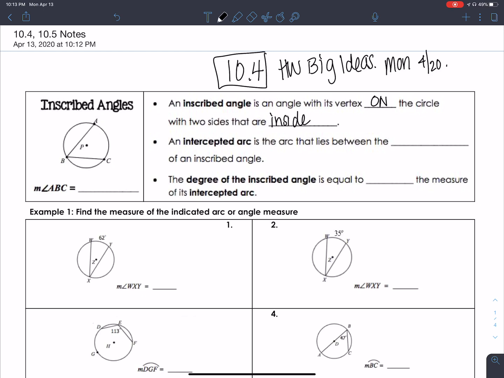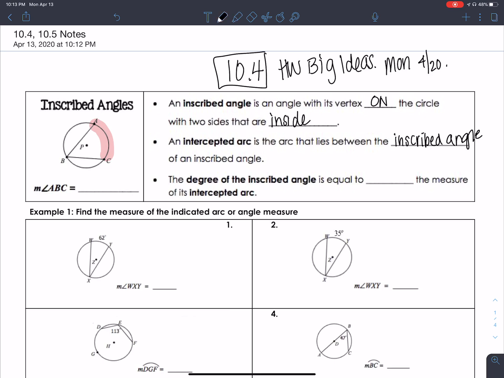Okay. So, an intercepted arc is the arc that lies between the inscribed angle. Okay. So, the intercepted arc here is AC.